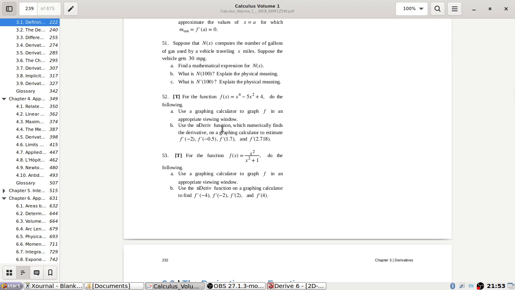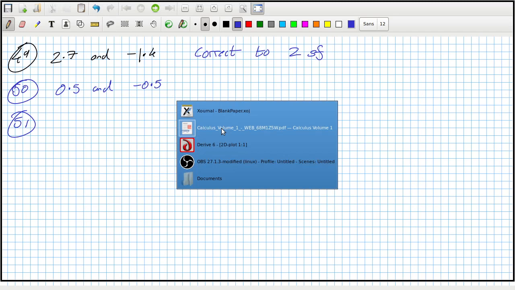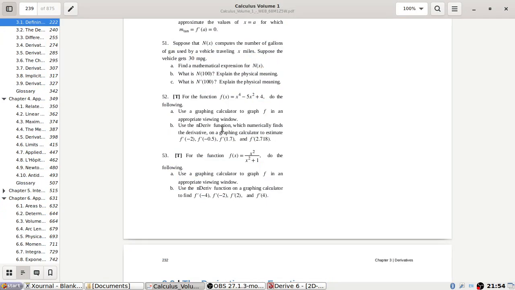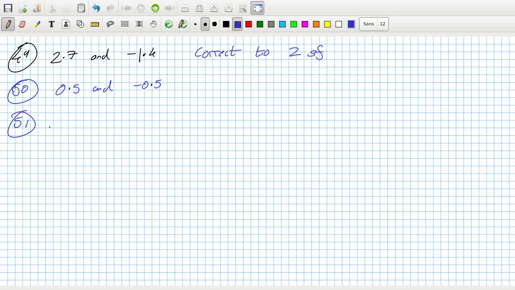Suppose that N(x) computes the number of gallons of gas used by a vehicle traveling x miles. Suppose the vehicle gets 30 miles per gallon. Write a mathematical expression for N(x). Okay, so N(x) is the number of gallons of gasoline used by a vehicle traveling x miles, and it's 30 miles per gallon.